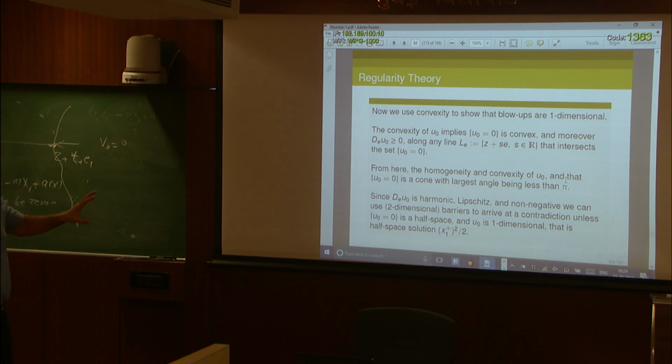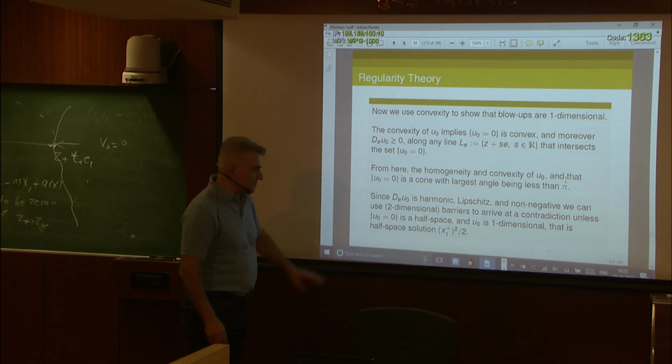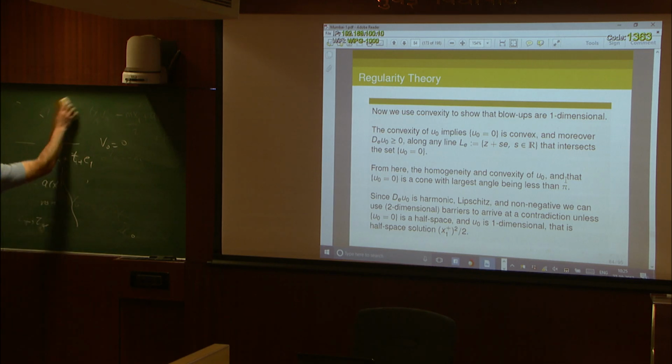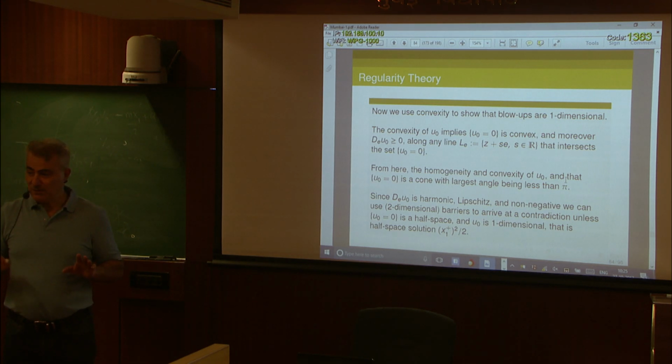So now this part is a little bit tricky. So let me do it carefully. It's written without any detailed explanation, so let me do it on the board. The idea is to prove that the function is one-dimensional.